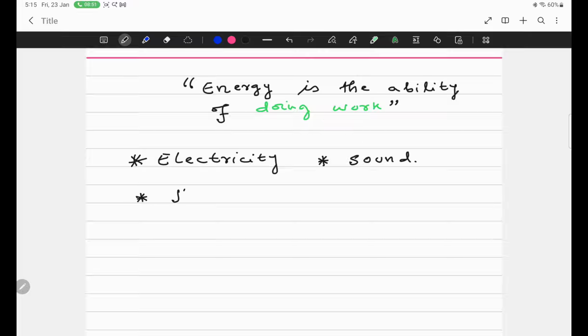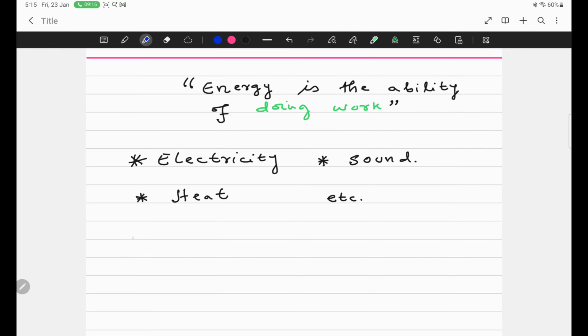Heat is a form of energy, and there are many more energies. I do not need to make a list. I will open my notes in which I can show you these different types of energies. So I have given you very important types of energy: electricity, sound, heat, etc.